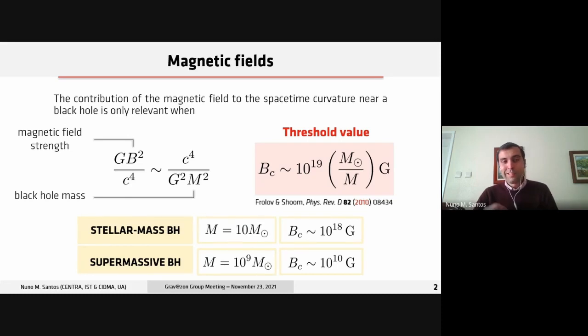Okay, since the strength of a magnetic dipole, as you might know from electromagnetism, falls off as the cube of the distance from it, it is very unlikely that a stellar mass black hole or even a supermassive black hole is influenced by such a strong magnetic field. Anyway, this is not our aim. Our aim is not to discuss any particular astrophysical scenario. These estimates are only relevant to define the validity of some assumptions we'll make later on.